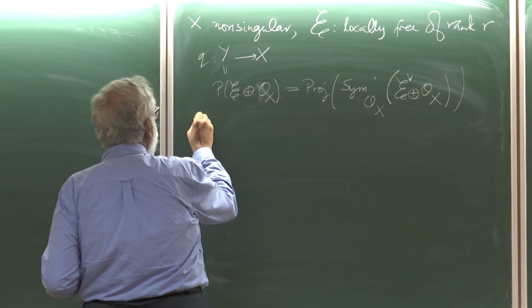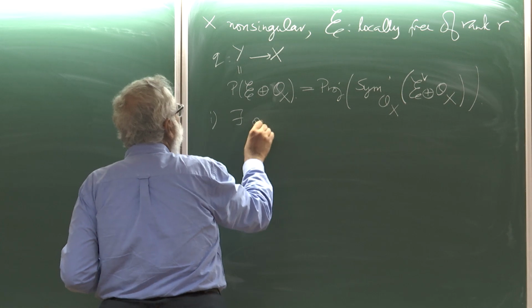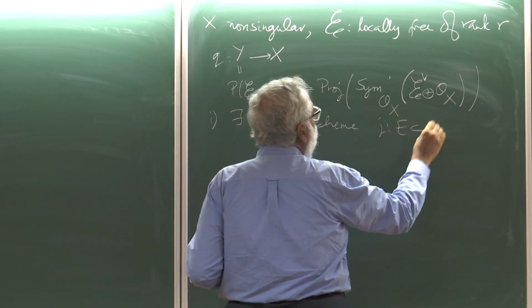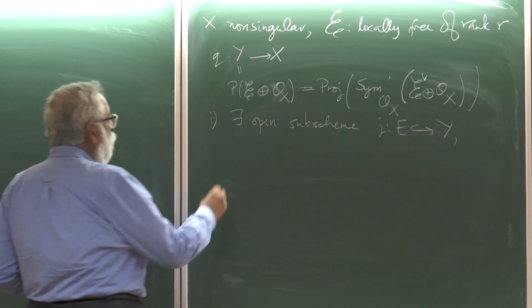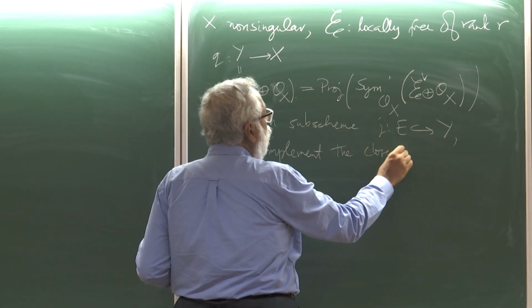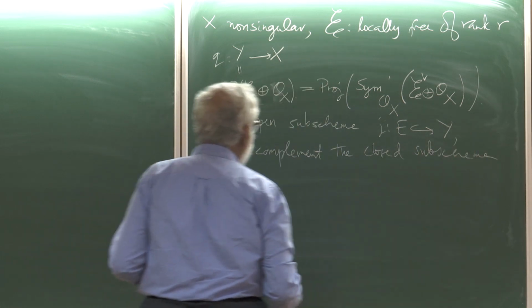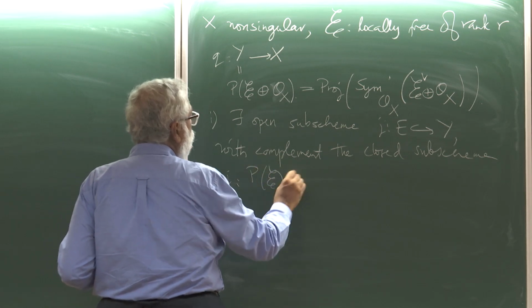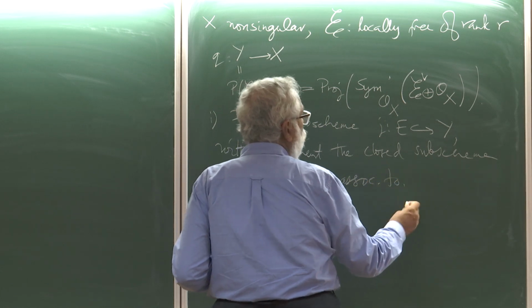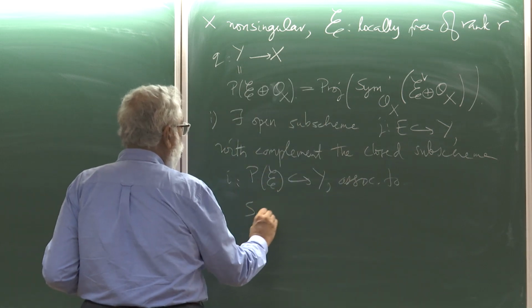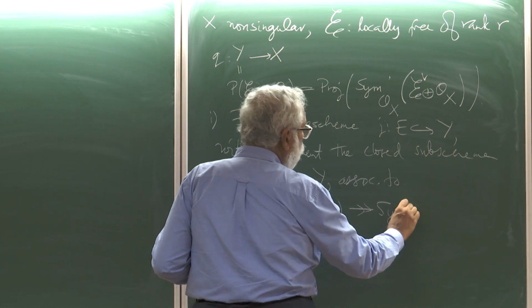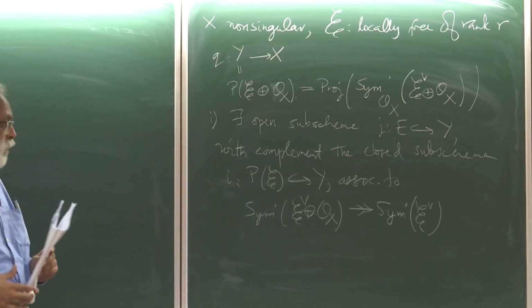But let's notice there are various things we know about this. One, there exists an open subscheme J: E included in Y with complement the closed subscheme I: P(E) included in Y associated to the surjection Sym of E dual direct sum OX, you have a surjection of graded sheaves of algebras.